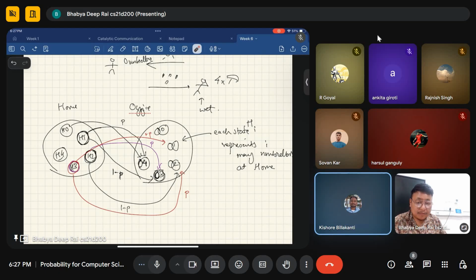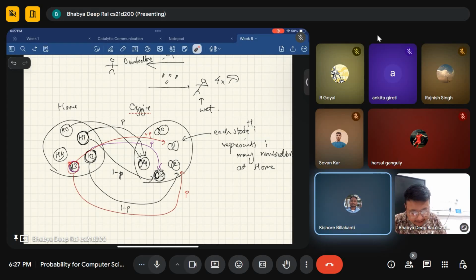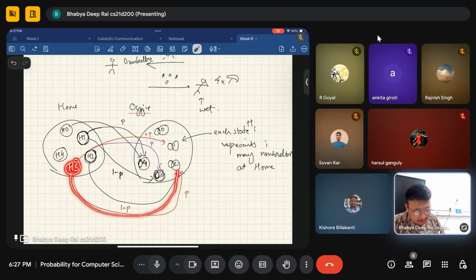When the transition happens, at home it would remain 2 umbrellas, and at the office it would be 3 umbrellas. From where are you starting? H3 to O2.